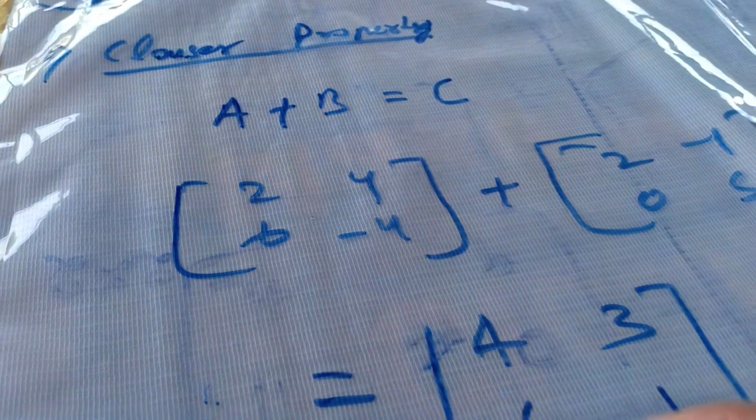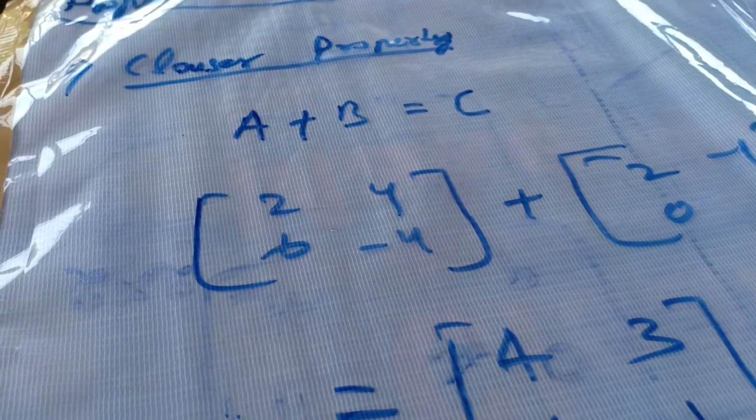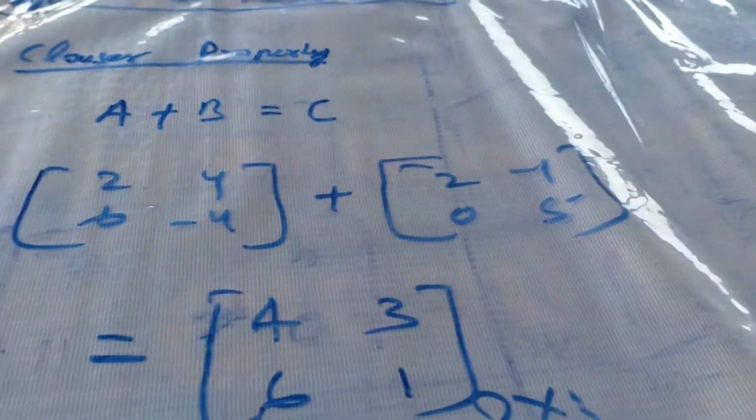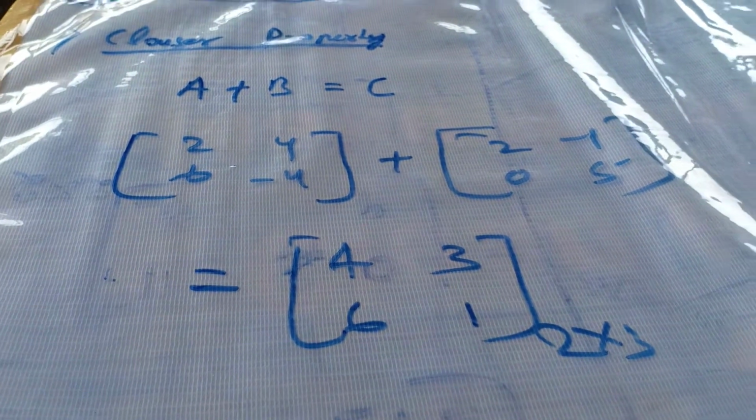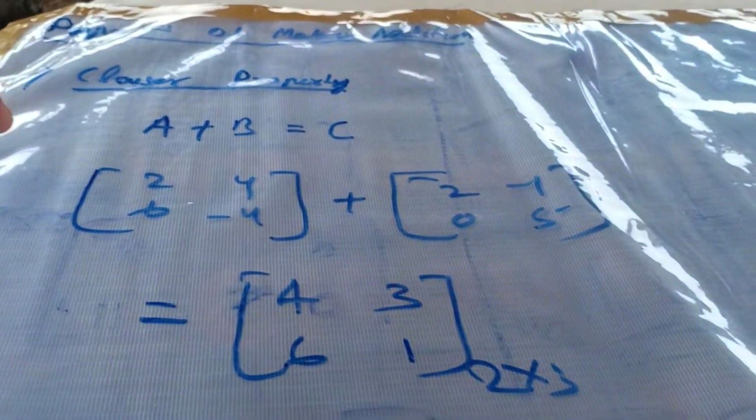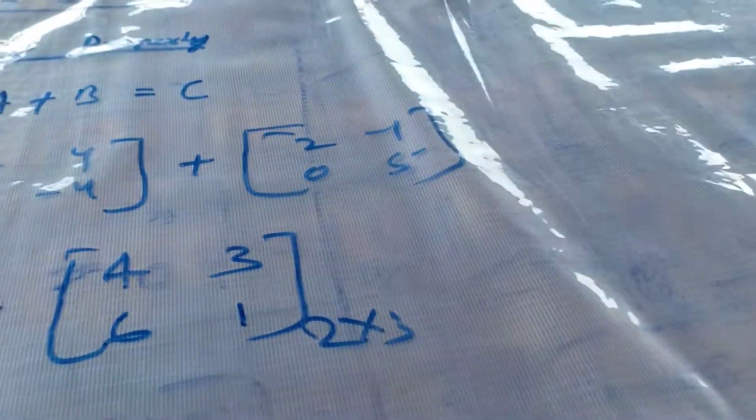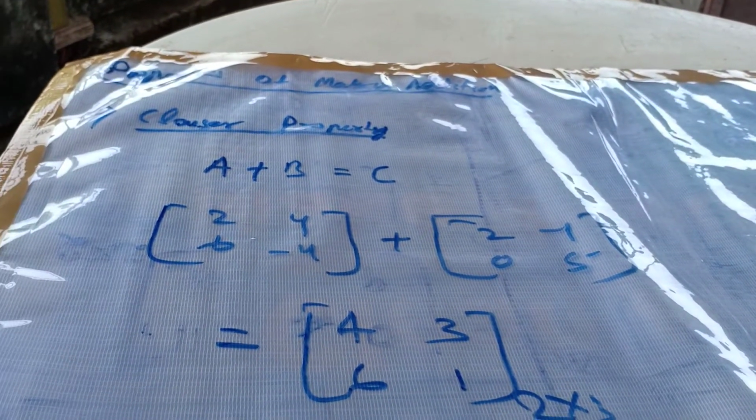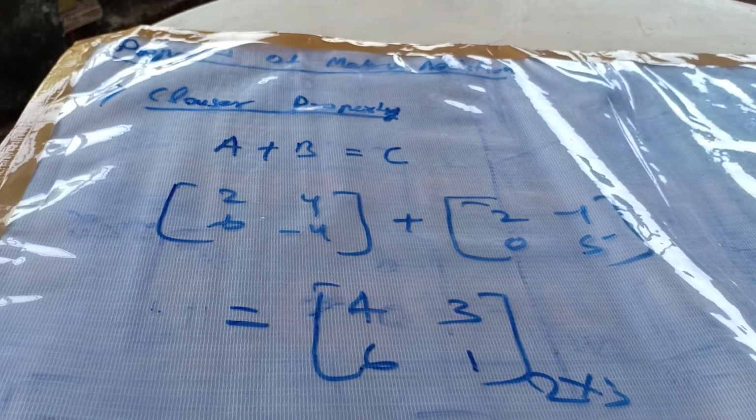This is again a matrix of the same order. The closure property does not talk about the order, but I am saying that. Two matrices you add, again you get a matrix only, not anything else. That's what the closure property says.